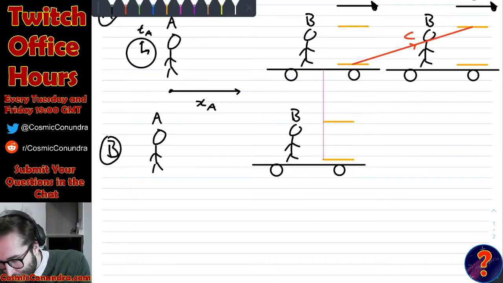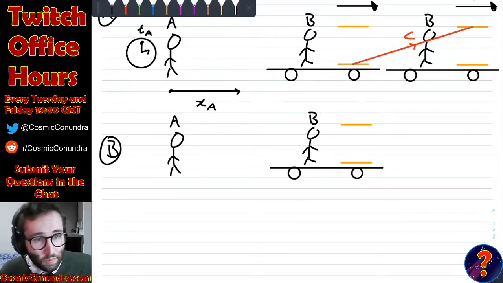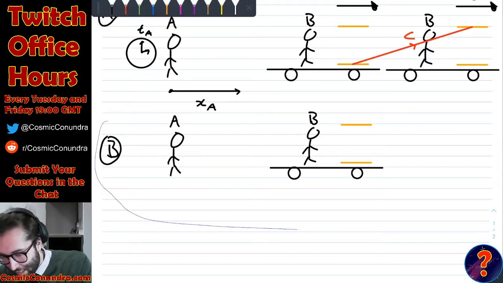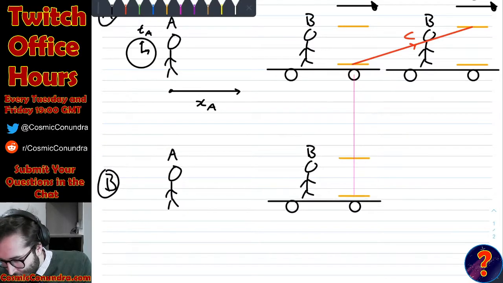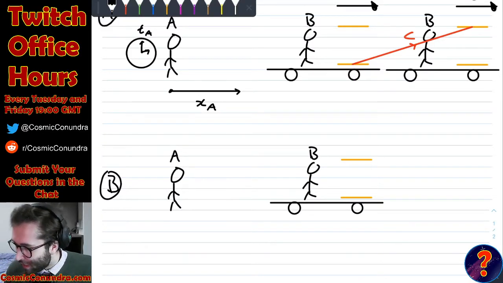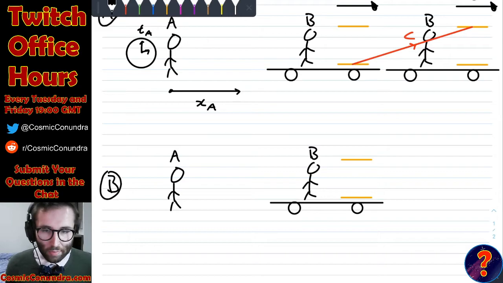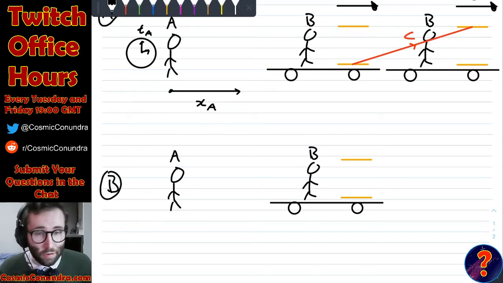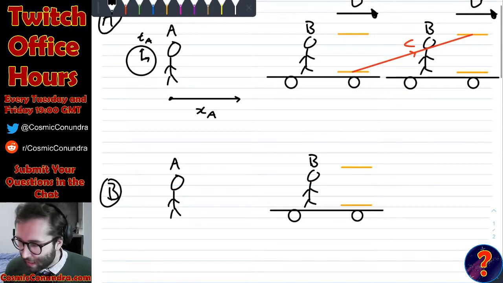Okay. From their perspective, of course, they're standing still. There's no such thing in relativity as absolute velocity, absolute motion. There's absolute acceleration, but no such thing as absolute velocity.